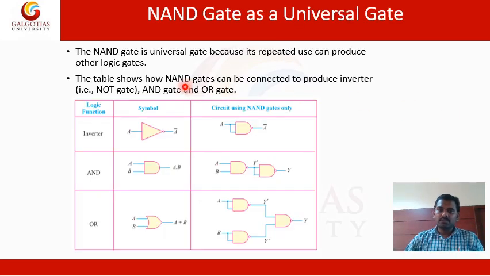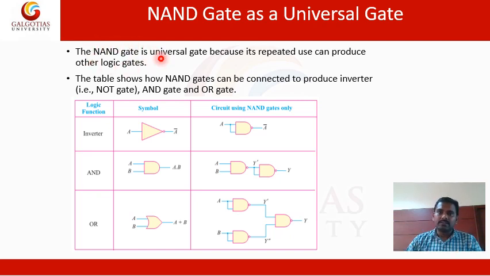Now we will discuss how this NAND gate is used to produce all the fundamental logic gates, that is the NOT gate, AND gate and OR gate. Since it is repeatedly used to produce other logic gates, it is called a universal gate.